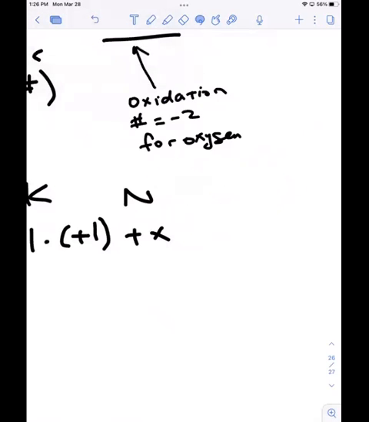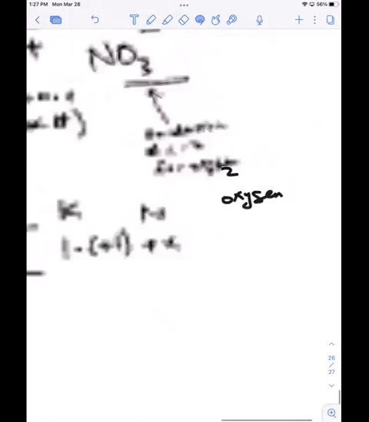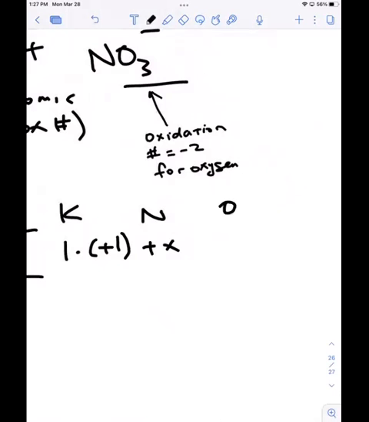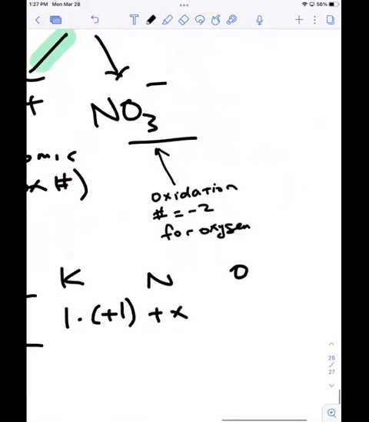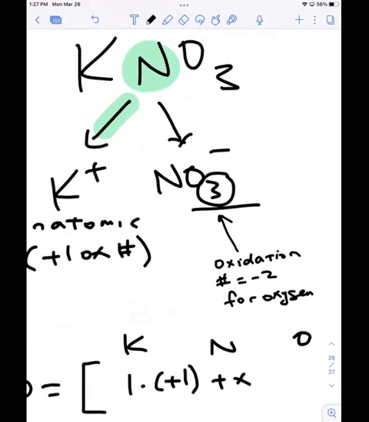All right. So N we're solving for, and then O, let me give you a quick piece of advice here. So we got 3 oxygens based on the subscript. That 3 is only for oxygen. It is not for nitrogen. The only time we distribute a subscript through is if it's outside of the parentheses like this.